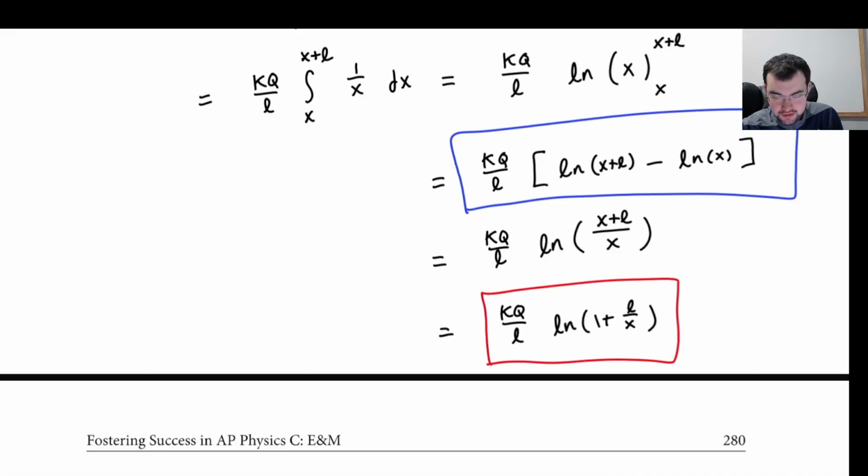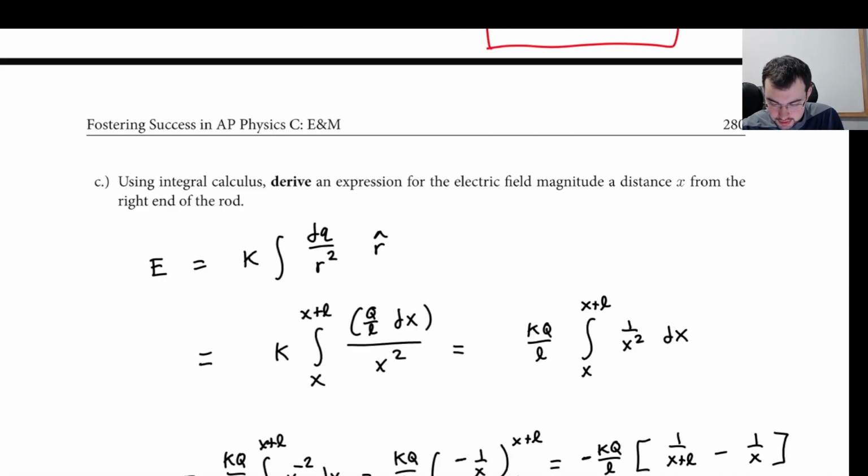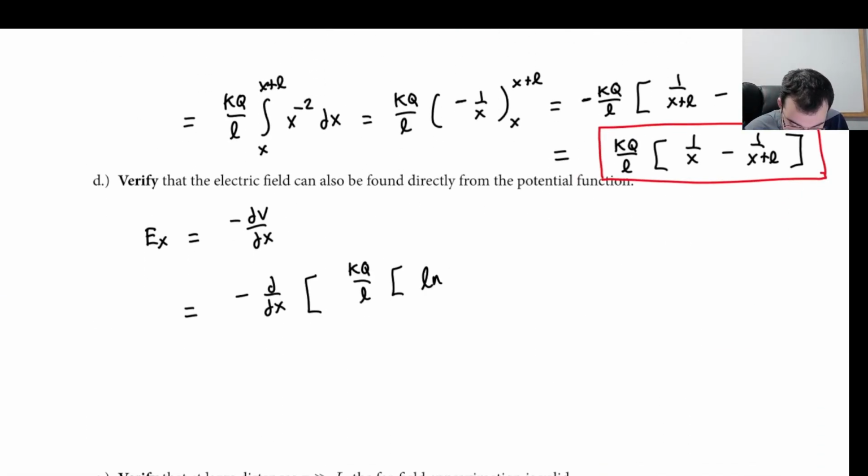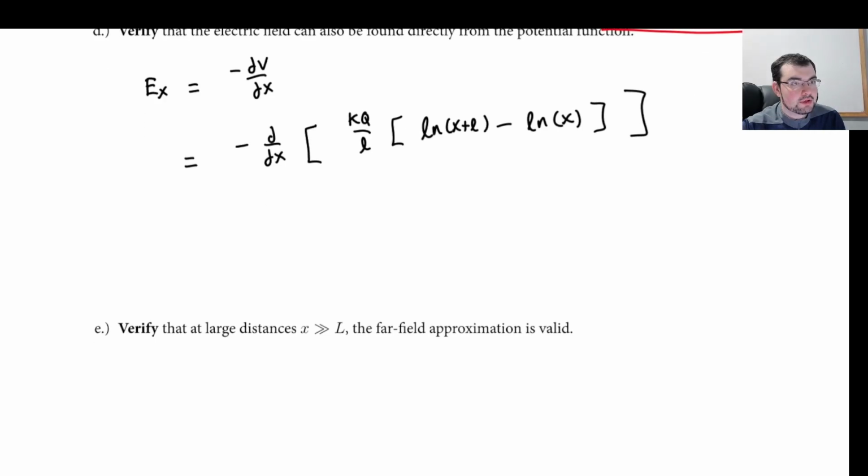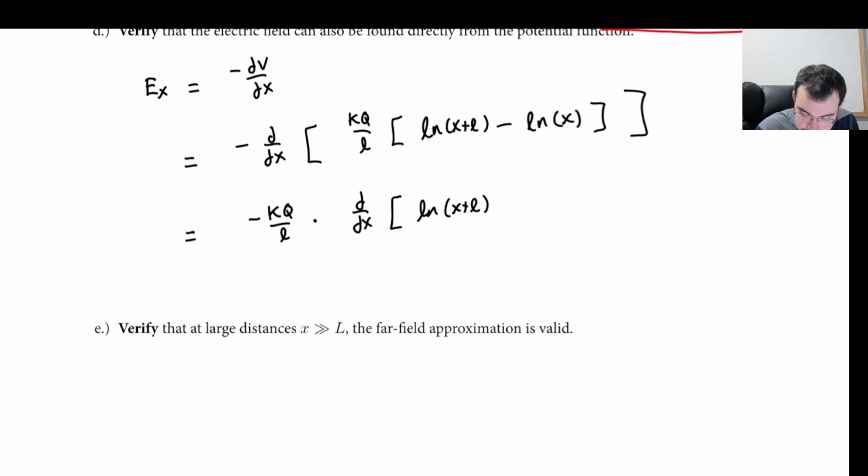So I don't have to do any derivative rules. And of course, the negative and the kq over L don't affect the derivative, so those are constants that can be brought out in front. I'm just taking the derivative of ln of x plus L minus ln of x.